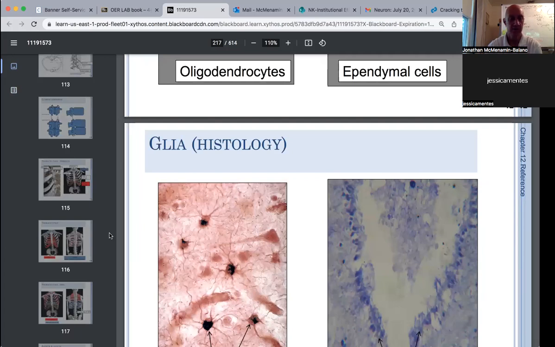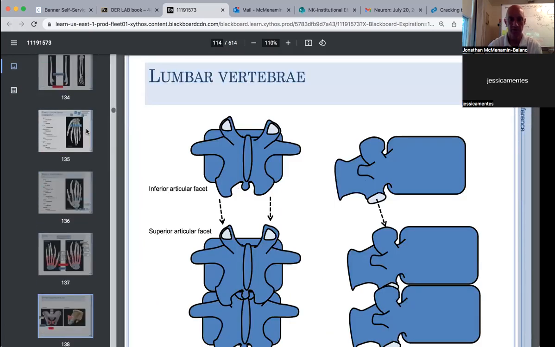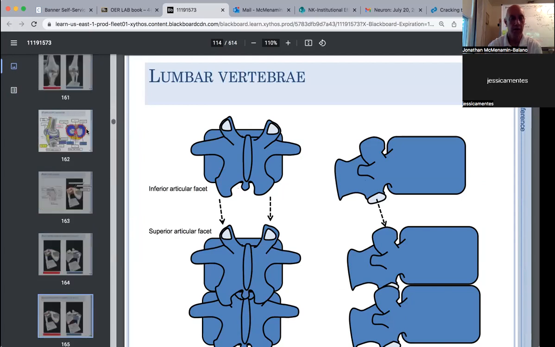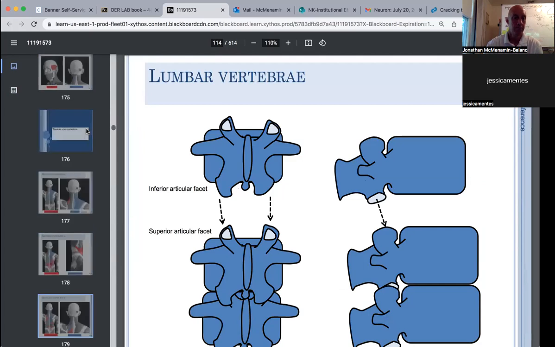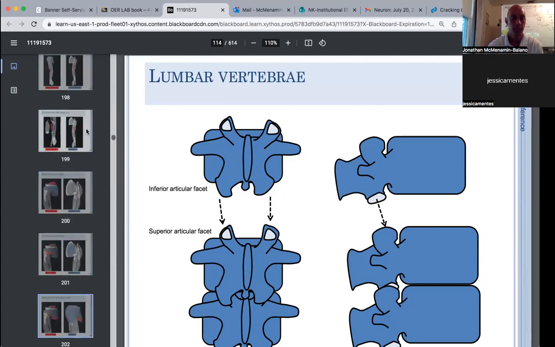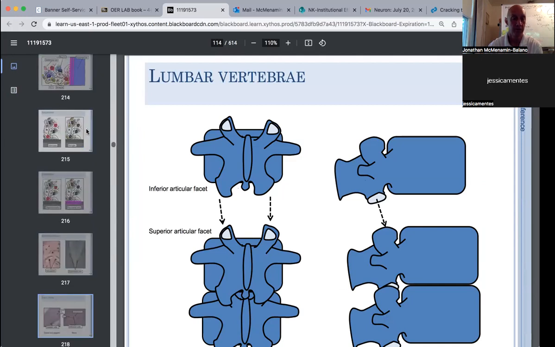Let me move back to the skeletal system. That's what I want to do. Sorry, I'm just going to blast through this quickly and pull up the images I want to look at. Muscle, right? There we are. Cool, fantastic.